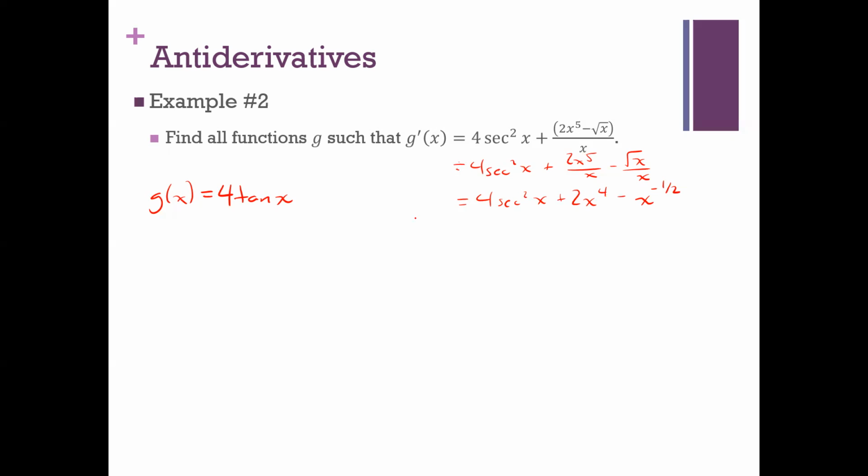All right, that rewrite allows us to think about this in terms of two smaller terms. So we have 4 tangent x. What's the antiderivative of 2x to the fourth?